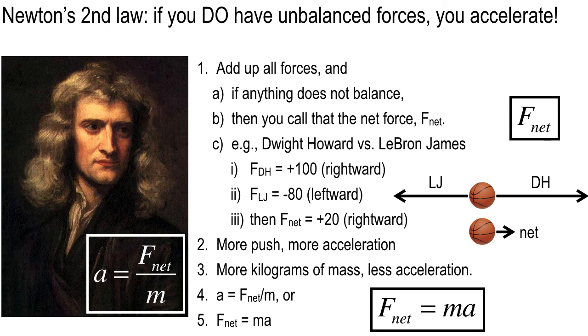The acceleration is the ratio of the net force on the object. So now in terms of NASA, you're talking about the effect of the rocket motor and quite a bit of air resistance. And then you're also talking about the mass of the rocket, right?